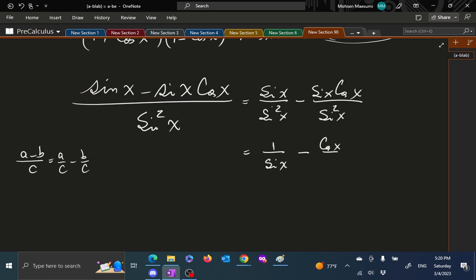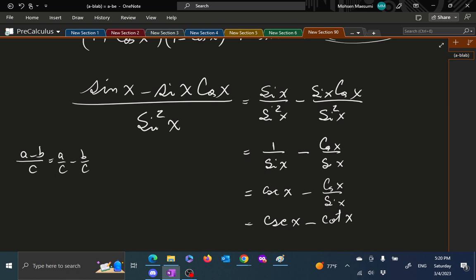Now this is going to be 1 over sine of x, and this is going to be cosine of x over sine of x. 1 over sine of x is called cosecant of x, and this is cosine of x over sine of x. Now when you do it by handwriting, you do all of them at the same time. Here, just to be on the safe side, we do it step by step so that the software doesn't object to us.